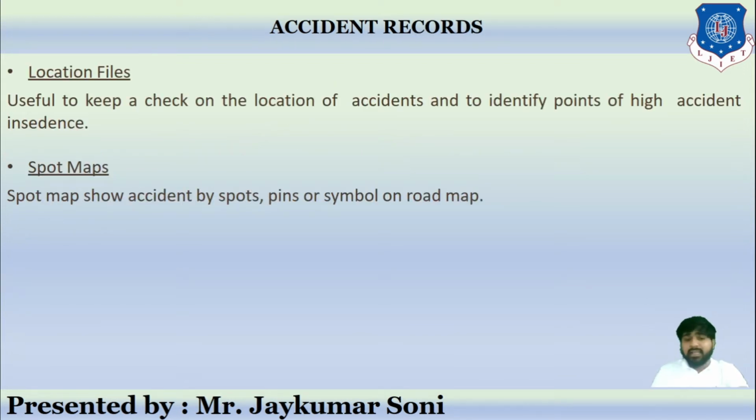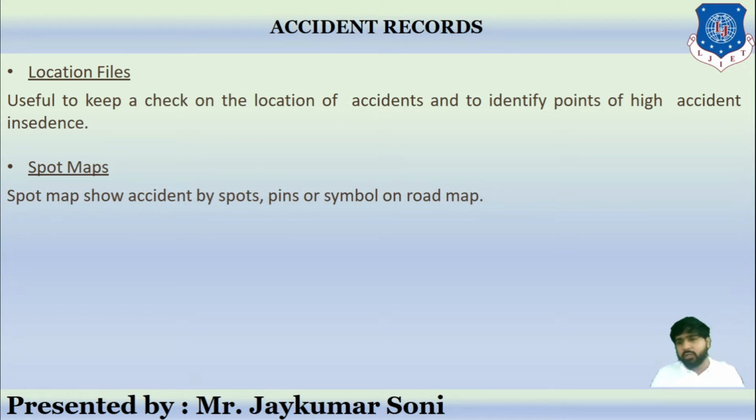Now, what are the things we need in order to establish an adequate accident record? Many students take a research project in the last year on accident data analysis, accident measures, modeling.